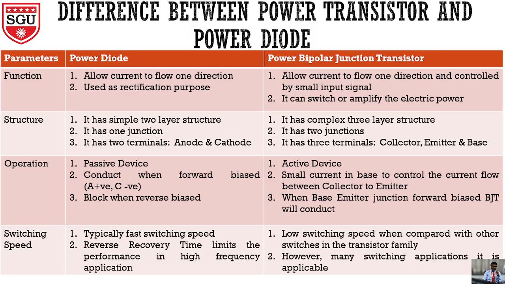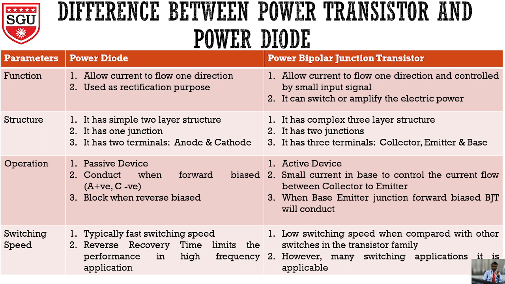Then when will it conduct? The power diode will conduct only when anode is positive and cathode is negative. Whenever this junction is forward biased, then only it will conduct. But in the power bipolar junction transistor, when the base emitter junction is forward biased, that means for an NPN transistor, whenever we give positive base current to the base, then only the current will flow from collector to emitter.